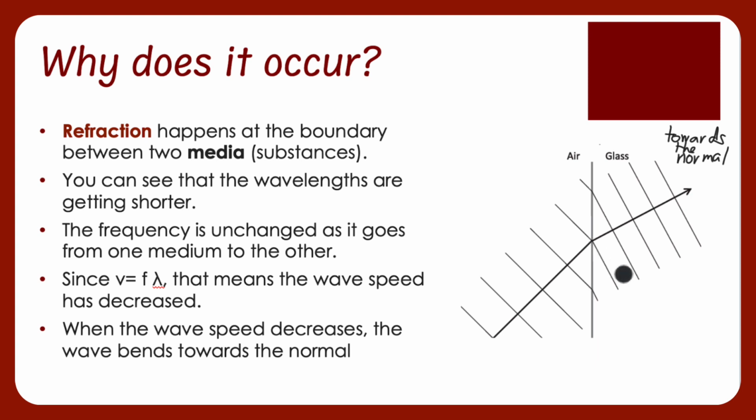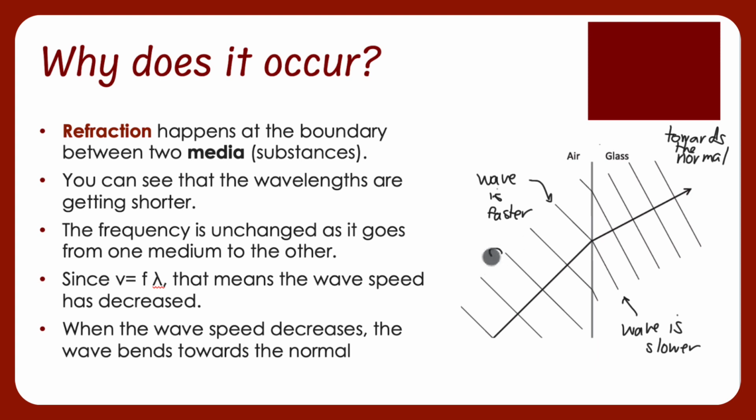And it's not. That means in this medium, the wave must be moving slower. And as we keep going, this side is going to be moving faster. As a net result, my whole wave is going to change direction, because eventually all of this wave will then travel into the glass.